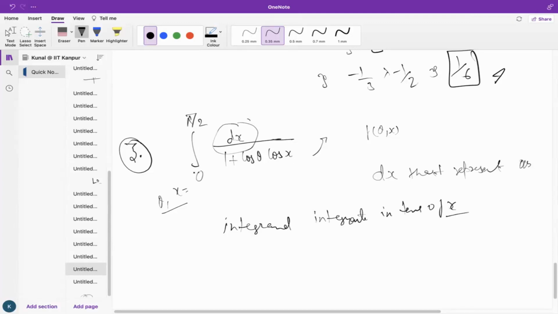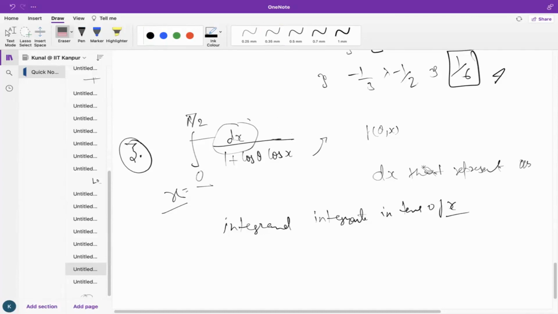That means whatever is written as the limit does not vary in terms of theta. It's actually the limit which varies in terms of x, because our integrand integrates in terms of x. If there were d theta written, then theta would vary from 0 to pi by 2.